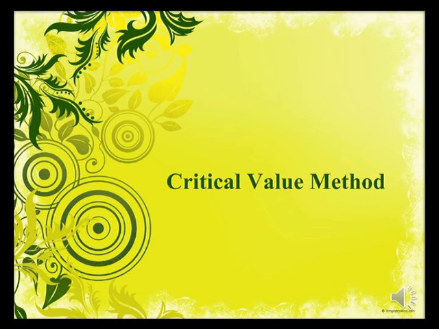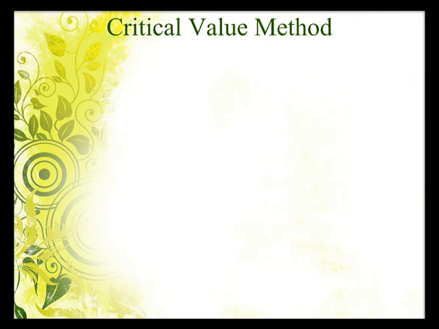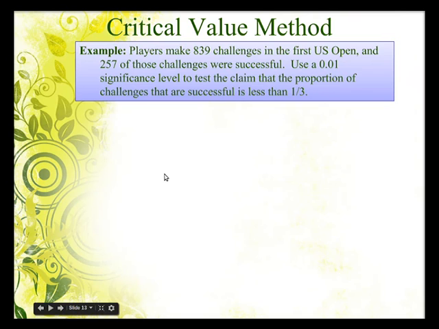Now let's look at the critical value method, or the traditional method. So in this example, players make 839 challenges in the first US Open, and 257 of those challenges were successful. Use a 0.01 significance level to test the claim that the proportion of challenges that are successful is less than 1/3.